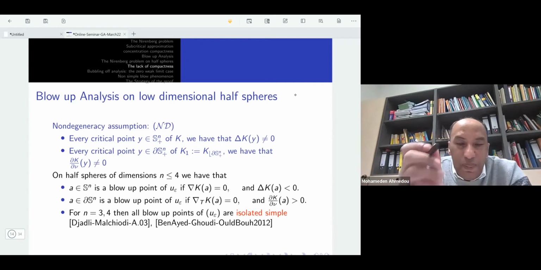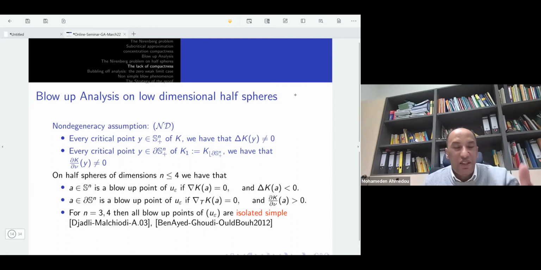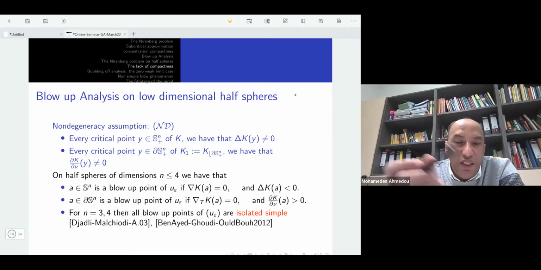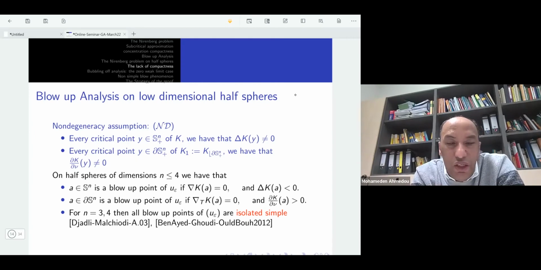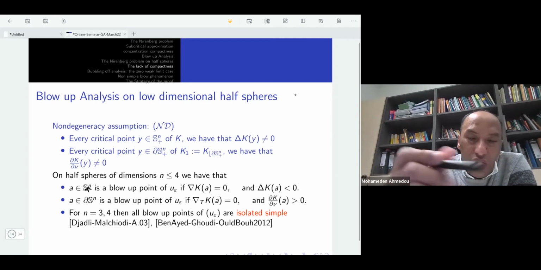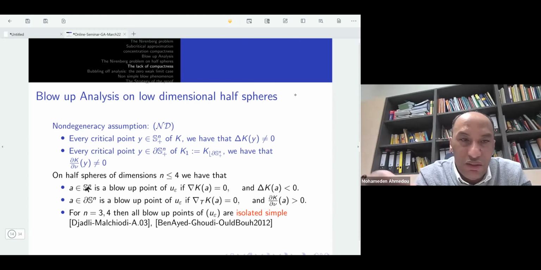So in this case, something is already known for low dimension, namely for S2 plus. This I didn't mention here, but this is also known for S3 plus and S4 plus. I'm sorry for that.